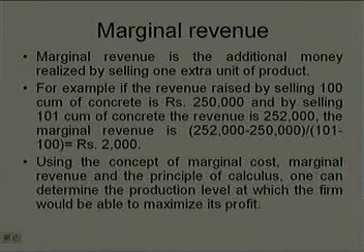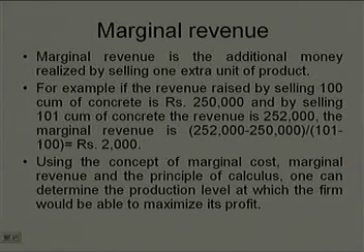Now, once you have got the marginal cost as well as the marginal revenue, and you understand a slight bit of calculus, it is always possible to determine the production level or the quantity of production at which the firm would be able to maximize its profit. So, here again our aim would be to find out the break even point, and besides this we have to find out that production level at which we will be able to maximize the profit.